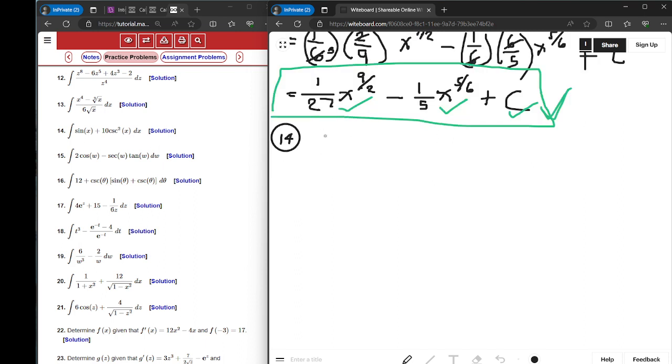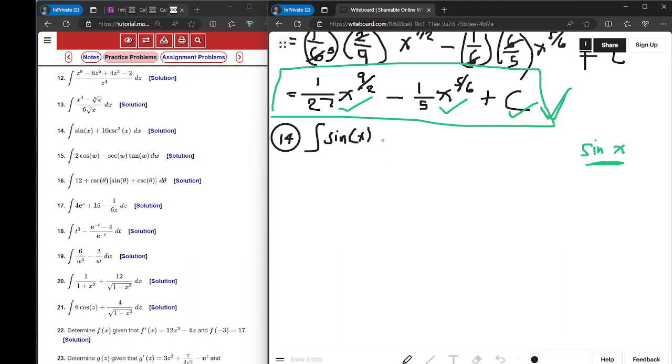Number 14 is the integral of sine of x. Others would just write it as sine x. Sometimes it's written with parentheses, sometimes it's not. It depends on the book.